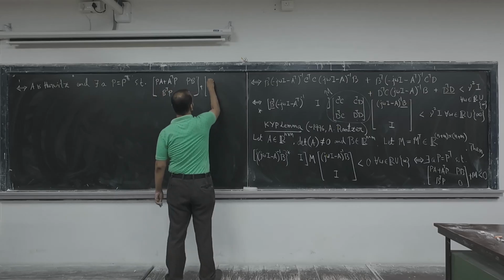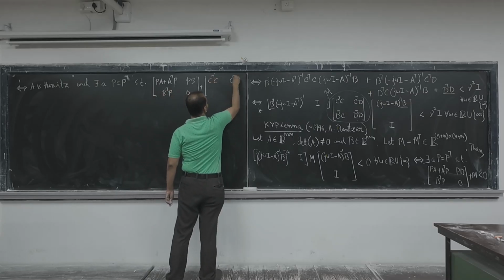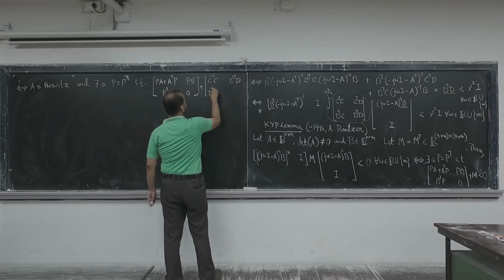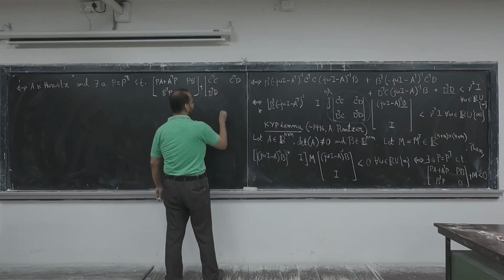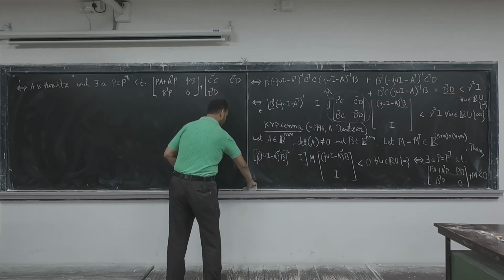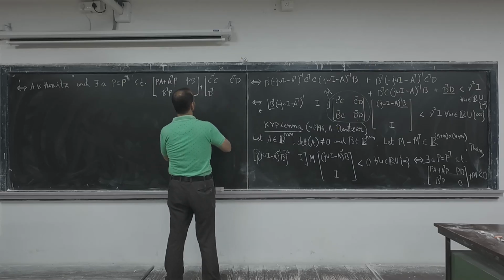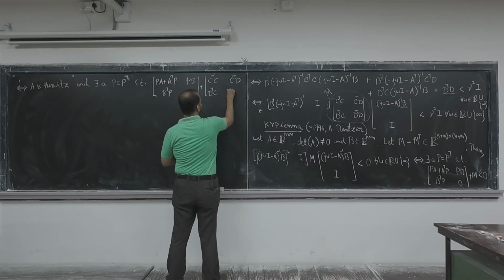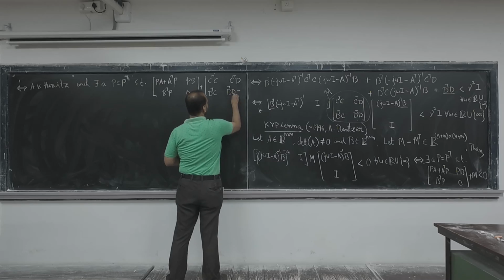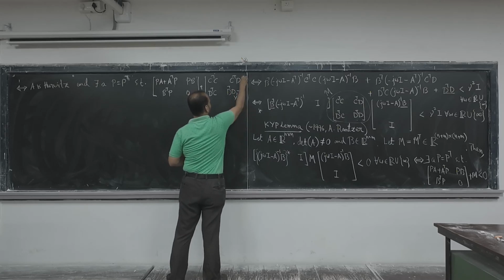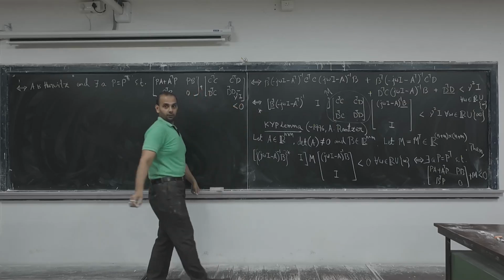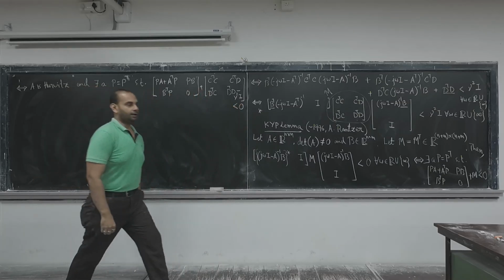C transpose P. Then C transpose D, D transpose D, and D transpose C. And here you have D transpose D minus gamma square I. This whole thing less than 0, isn't it? Are you understanding?